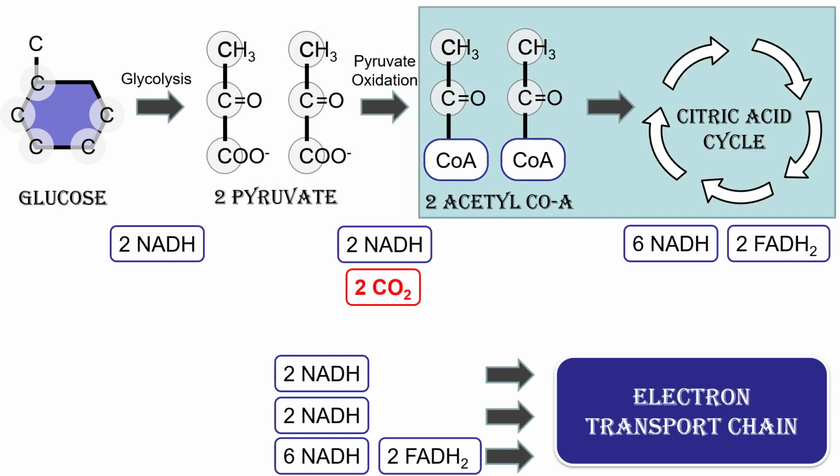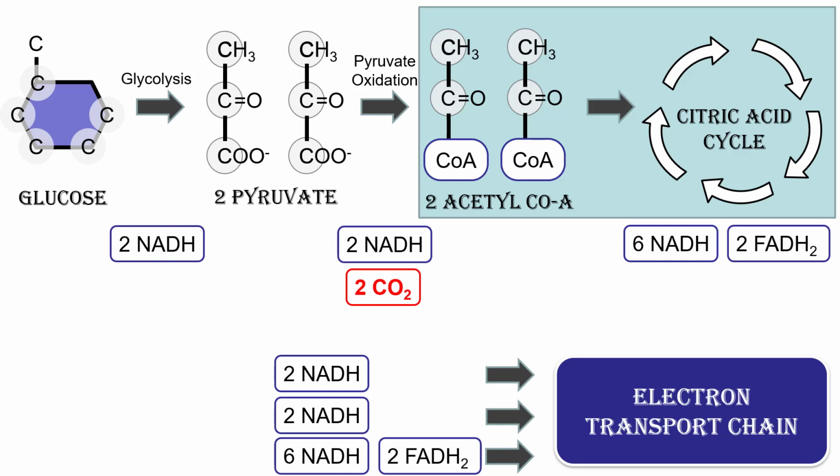Now the next stage is those acetyl-CoA molecules are going to enter the citric acid cycle. The CoA part shuttles the acetyl group into the citric acid cycle, so the acetyl groups are what enter it. They join with a molecule that's already in the cycle called oxaloacetate. Now we see that this is a cycle, right?